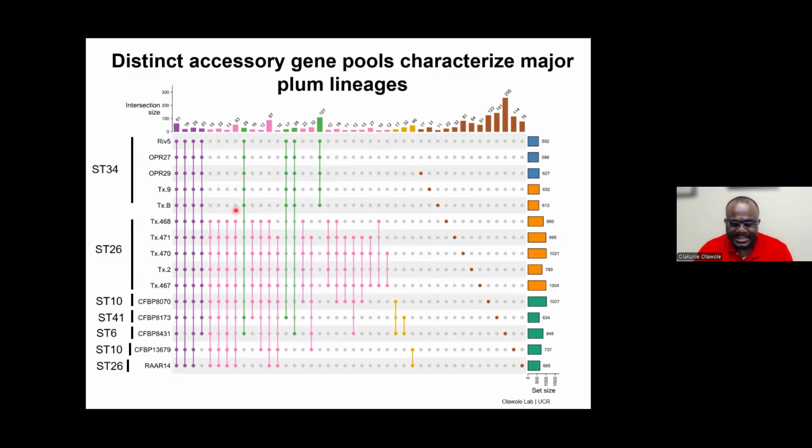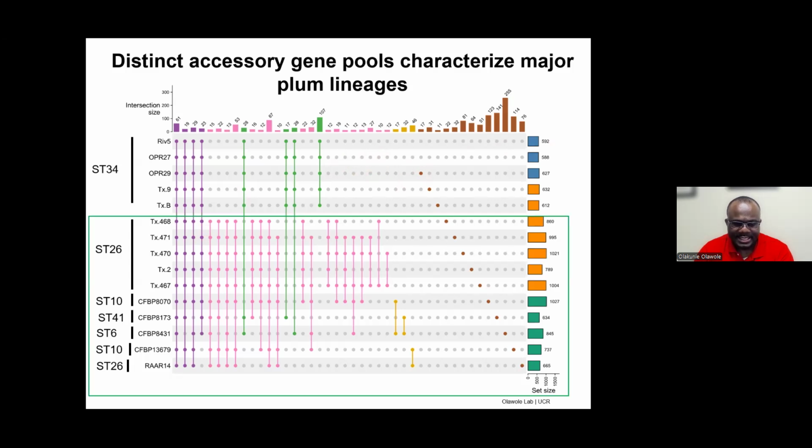And also, if you look at the ST26, this isolate possesses a distinct ancestry gene repertoire, which kind of separates them. There's an offset plot, and these lines you are seeing there are just showing the genes that are shared by different strains. So if you look at the ST26, they possess a distinct set of ancestry gene repertoire that is separate from the ST34.